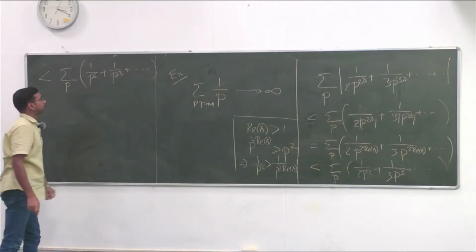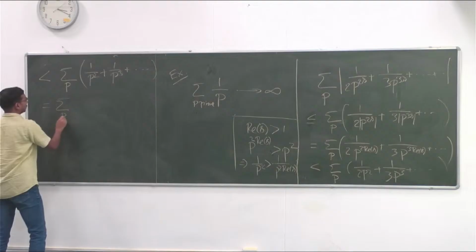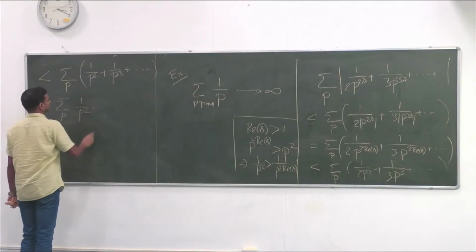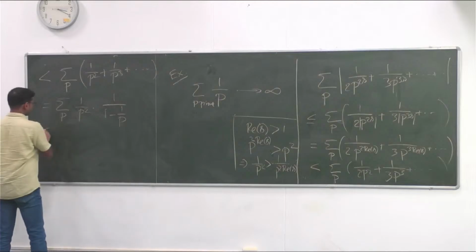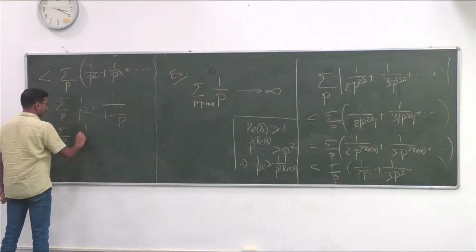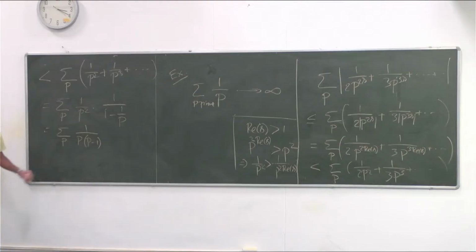And that gives you summation over p of 1 by p squared, and inside you have 1 by 1 minus 1 by p. So this is summation over p of 1 by p times p minus 1. So this is finite because it's a quadratic term.